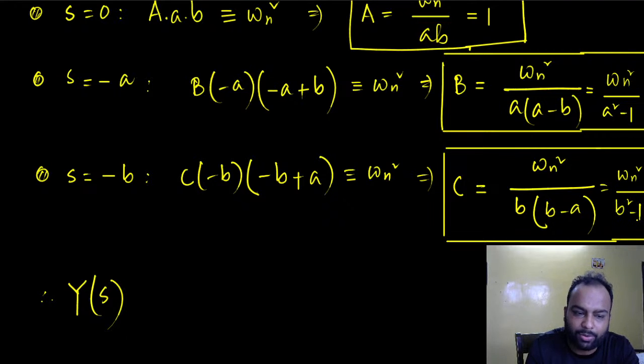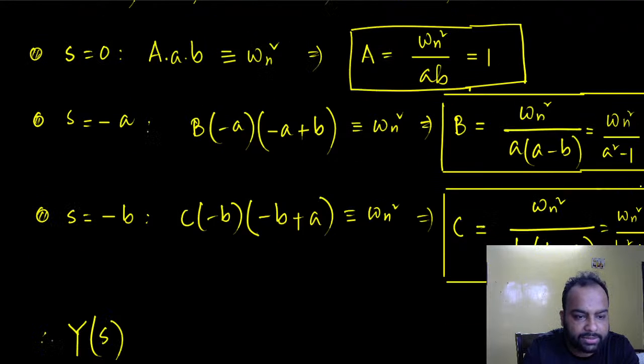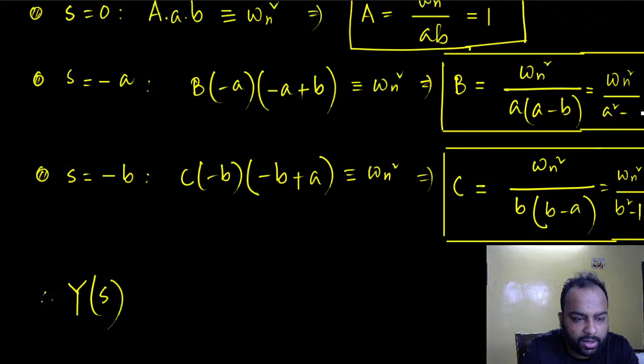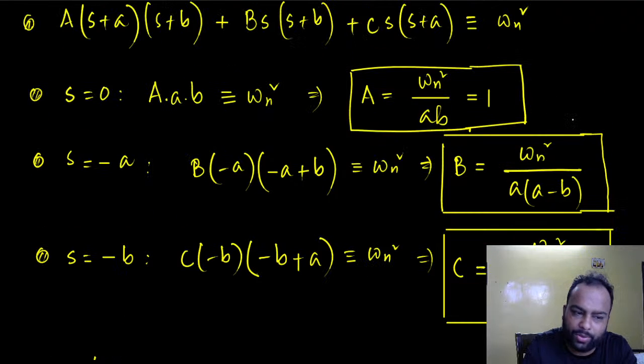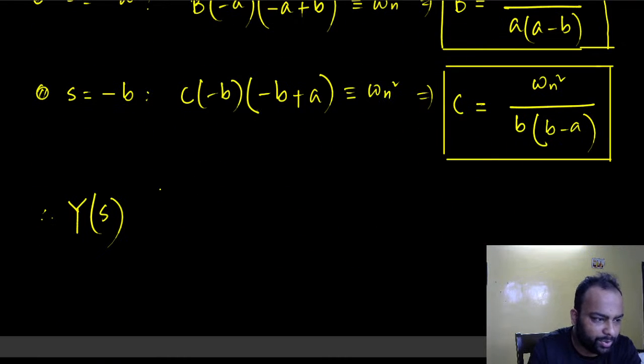Again, AB is omega n squared. Let's leave these calculations here. So AB can be written as just omega n square. We can do these calculations as we please.